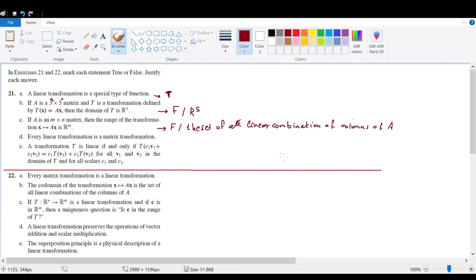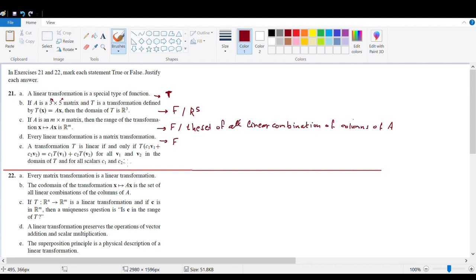D: every linear transformation is a matrix transformation. We say this one is false. We can write it as: every matrix transformation is a linear transformation, but not every linear transformation is a matrix transformation.